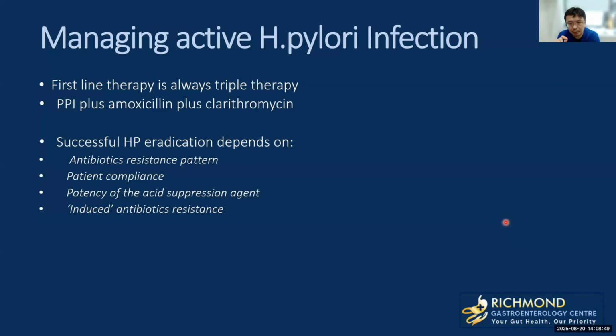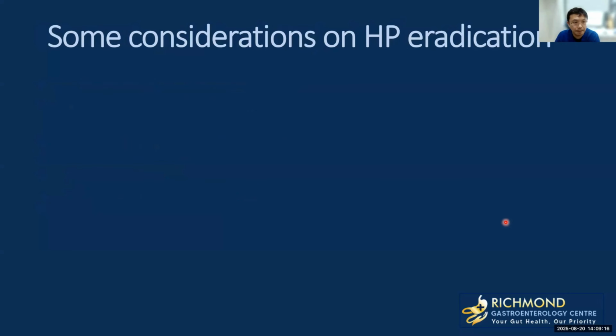So for the next second-line therapy, you should not use PPI plus clarithromycin again, regardless of what combination is inside, because of the high resistance pattern. I've seen some primary care doctors use PPI plus clarithromycin plus metronidazole. Later I will show you, but that is probably a very poorly selected regimen for second-line therapy.